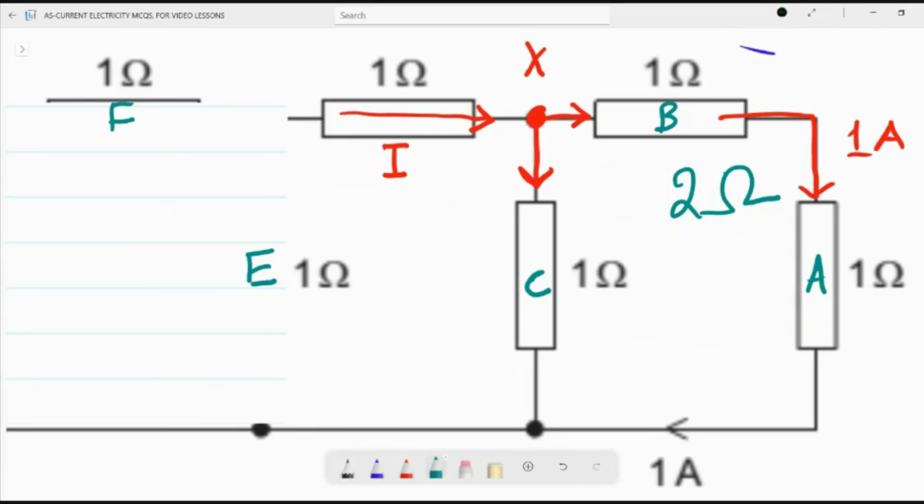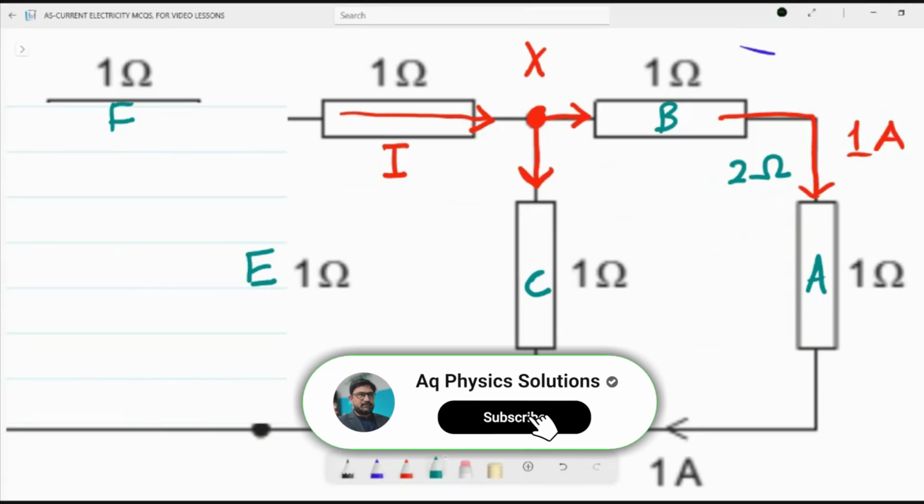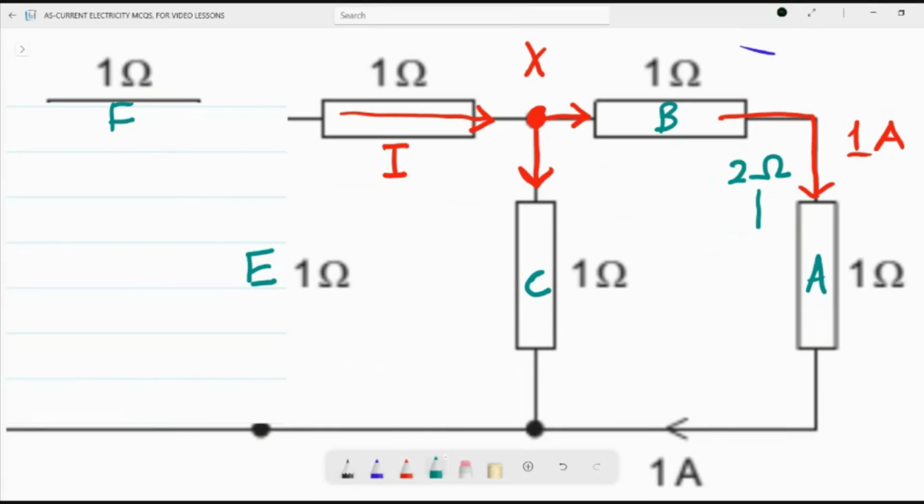whose resistance is 1 ohm. So according to the concept of Ohm's law, or resistance and current, if a 2 ohm resistor allows 1 ampere current, then a 1 ohm resistor must allow 2 ampere current. So this is an inverse relation: the more the resistance, the less the current.